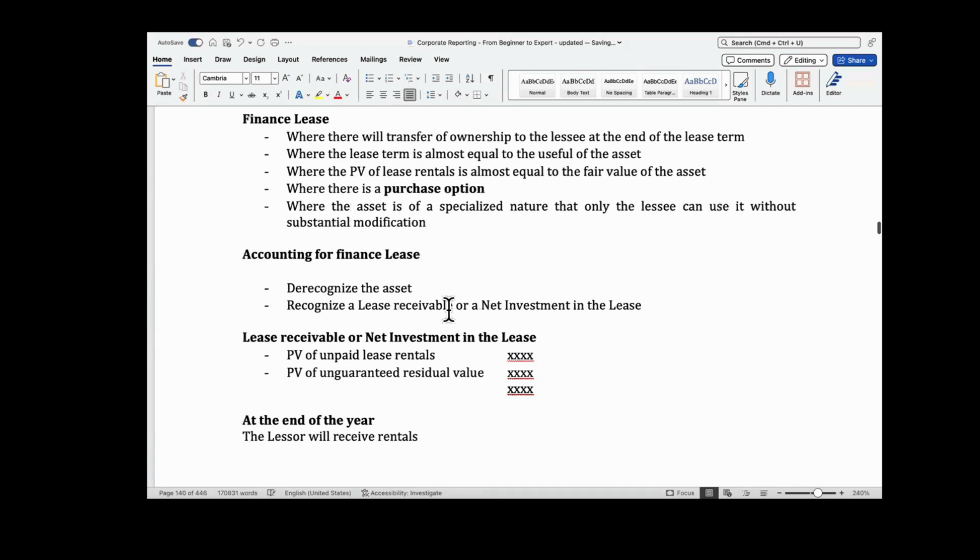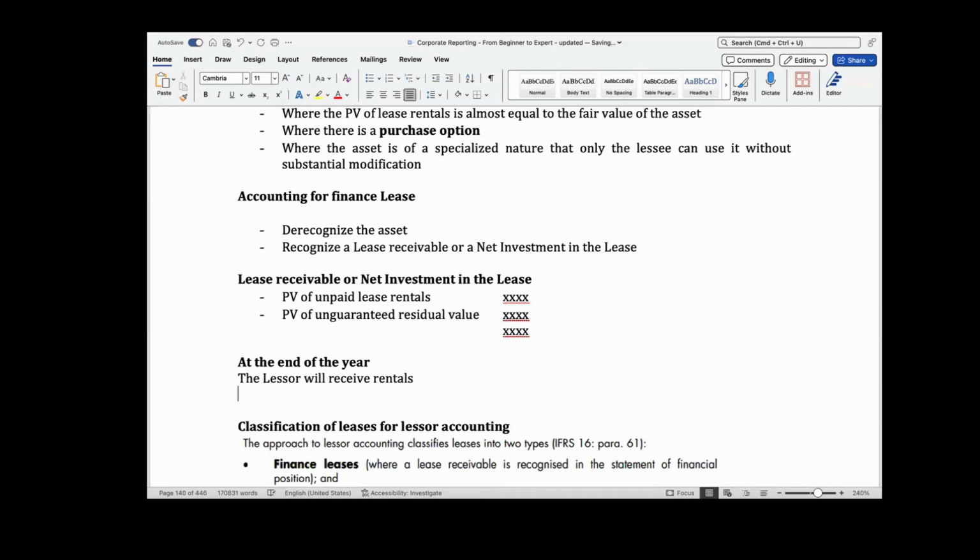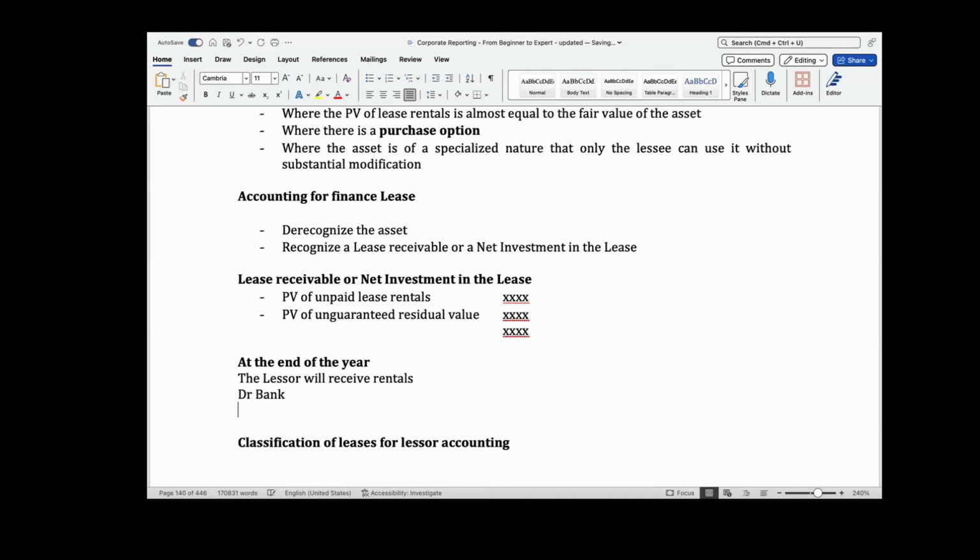When he receives rent, money will come in, so he will debit bank. Do you know what he will credit? He will simply credit this lease receivable up here. He's crediting this receivable because his receivable will be reducing at every point where he's collecting rent.